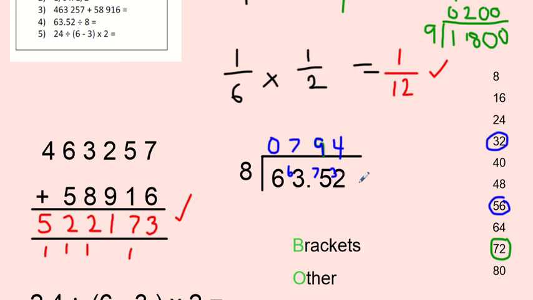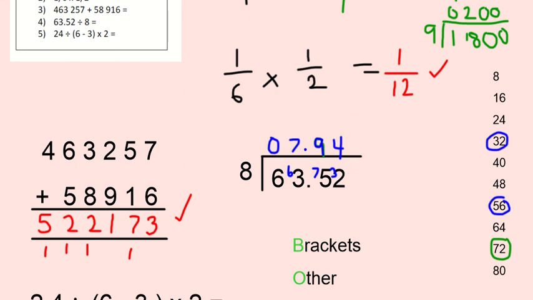So hopefully, Year 6, that's helped you feel a little bit more confident with those. What's the final step then that we need to do? That's right, well remembered, we've got to put that decimal point in. If your question has 2 decimal places after the decimal point, so will your answer.